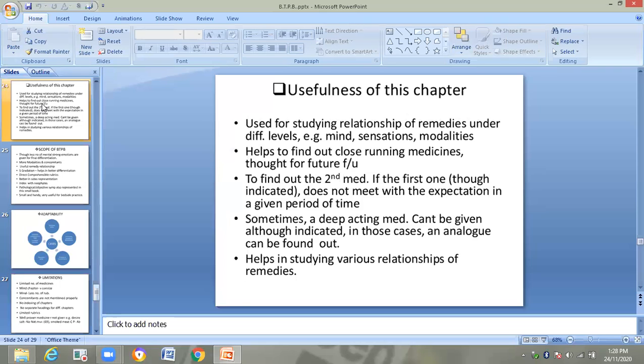In such a situation we have to change the medicine and find the second medicine, and for this purpose this chapter is very useful. Sometimes a deep acting medicine cannot be given although indicated; in those cases an analog can be found out. It helps in studying various relationships of remedies.